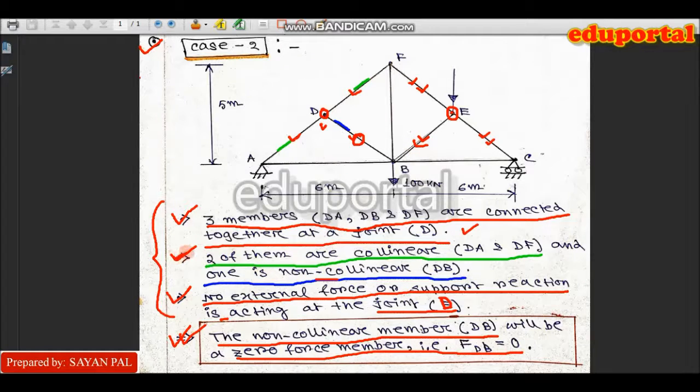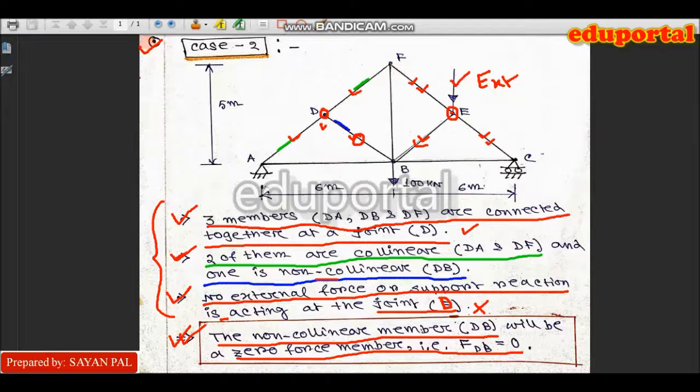So the second condition is also satisfied, and the third condition is no external force or support reaction, but we can see that this is an external force applied here. So the third condition is not satisfied, so we cannot say that EB is a zero force member, but we can say that DB is a zero force member.